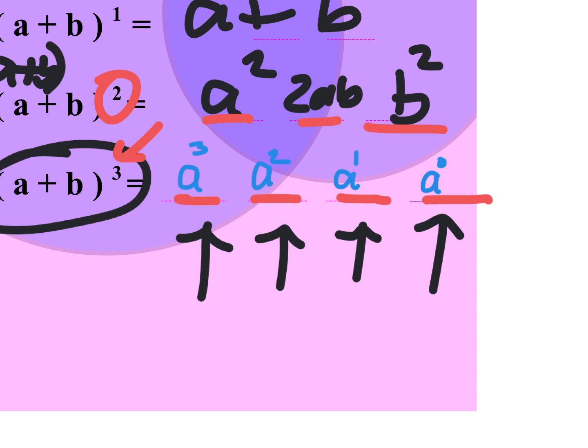Now, b. I'm going to grab a red pen here for my b's, and I'm going to go b to the... somebody take a best guess here. B to the 0 is correct. Because you don't have the big number with the a to the 3rd, it's at the end. So this is b to the 1, this is b to the 2nd, and this is b to the 3rd.